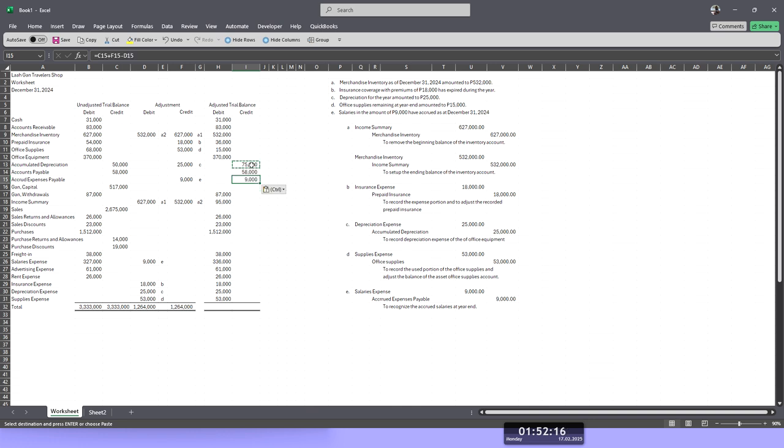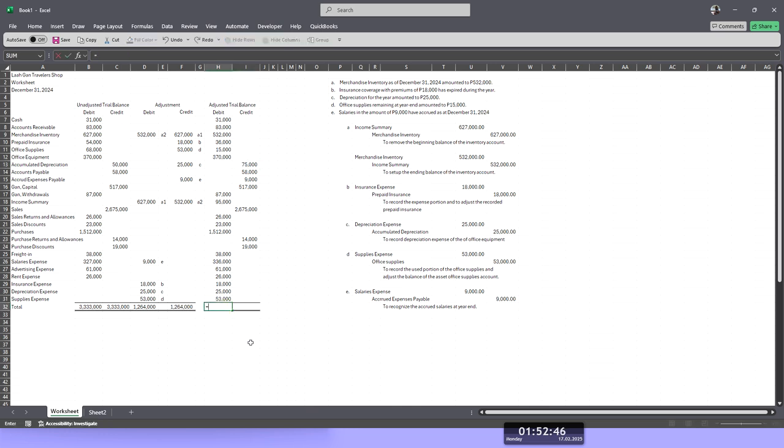Accrued expense payable, paste the formula there. Gun, Capital, paste the formula there. Then we have the sales account, which is a normal credit balance. The purchase returns and allowances, and then purchase discount, which also has a normal credit balance. And I think all the balances of the accounts have been extended to the adjusted trial balance.